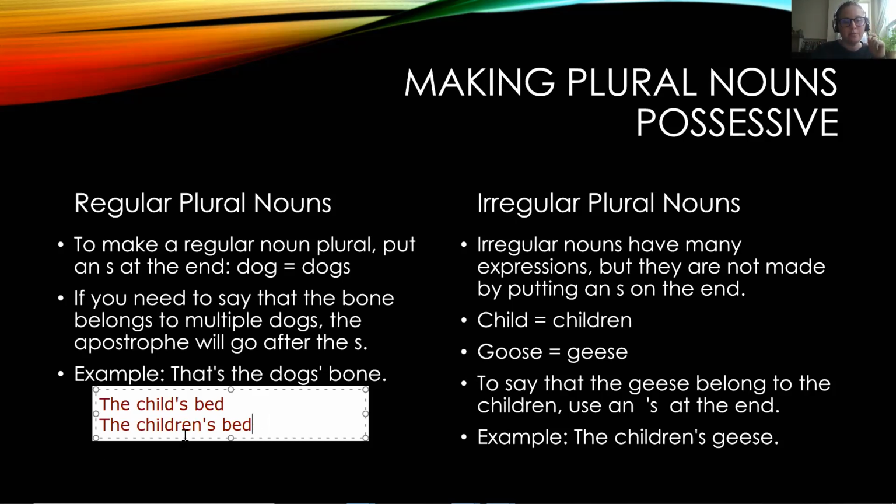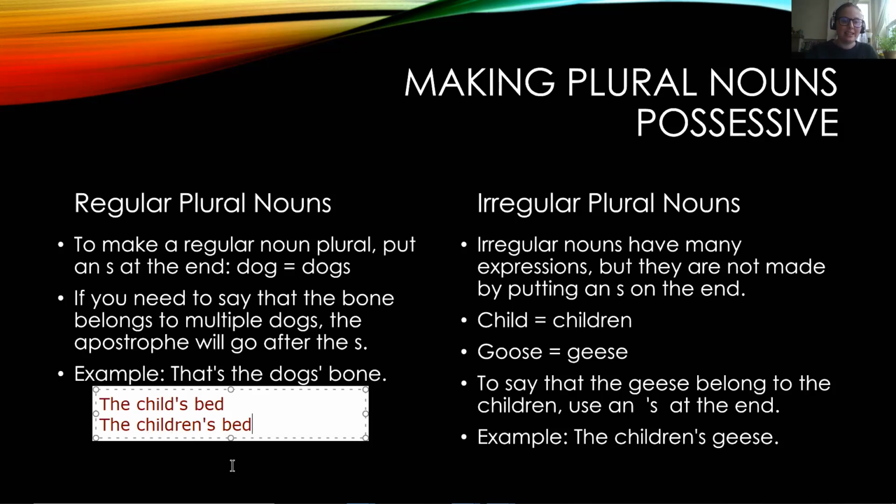The children, because this is an irregular noun, this is the plural form, we put the apostrophe before the S. All right, so if the word already means more than one of something, and it is an irregular one that does not end with S to make it plural, you're going to put apostrophe S after it.